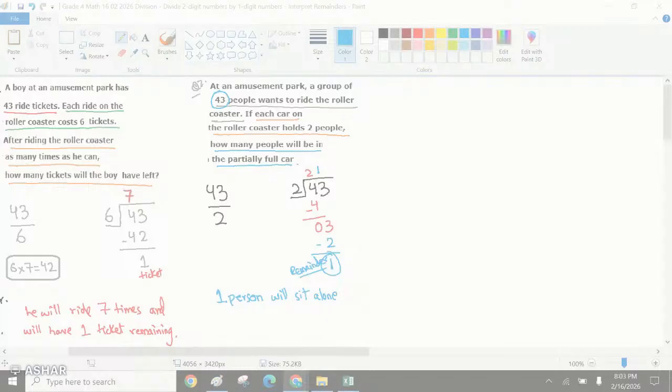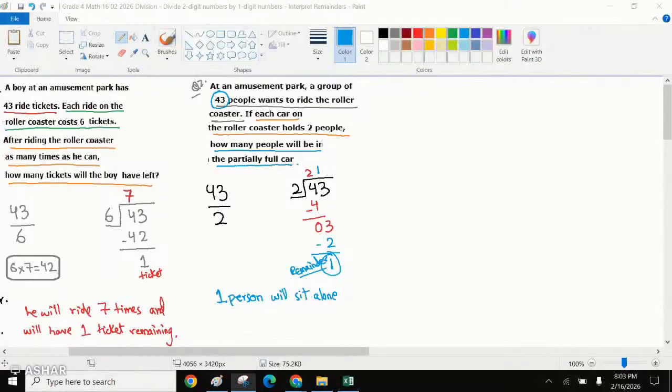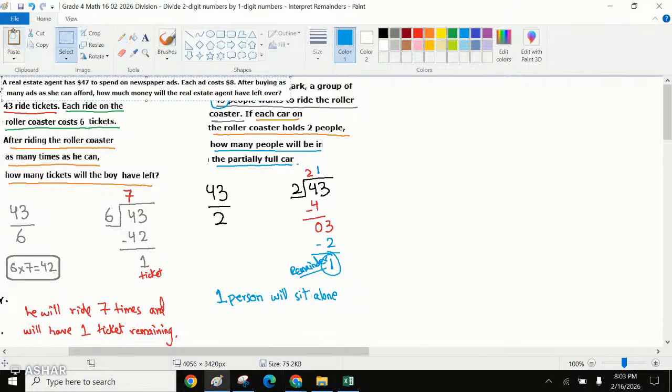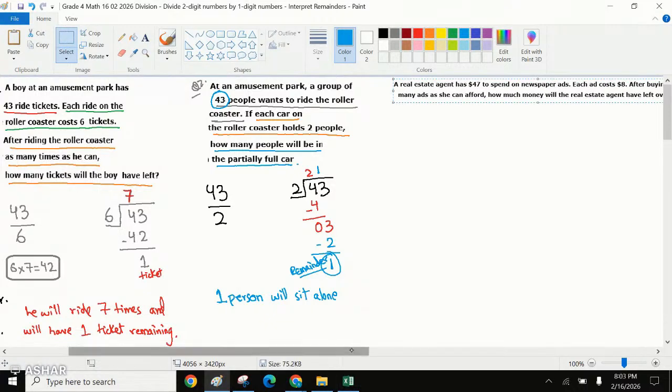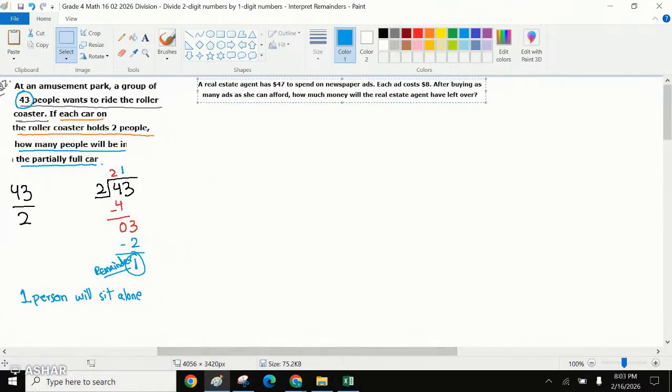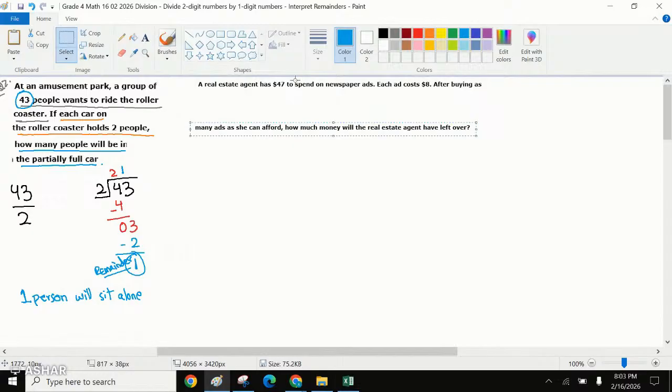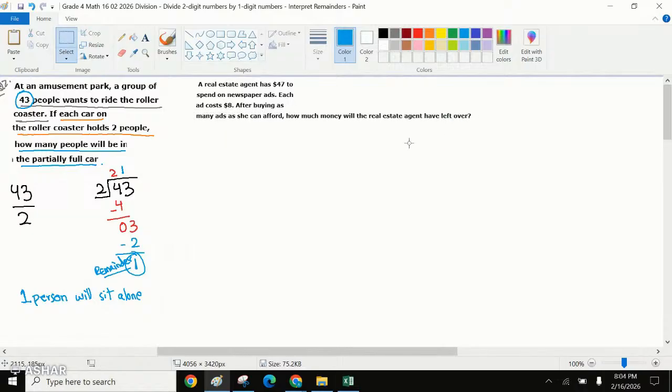A real estate agent has $47 to spend on a newspaper ad. Each ad would cost $8. How much money would be left with the agent after she has bought some ads?